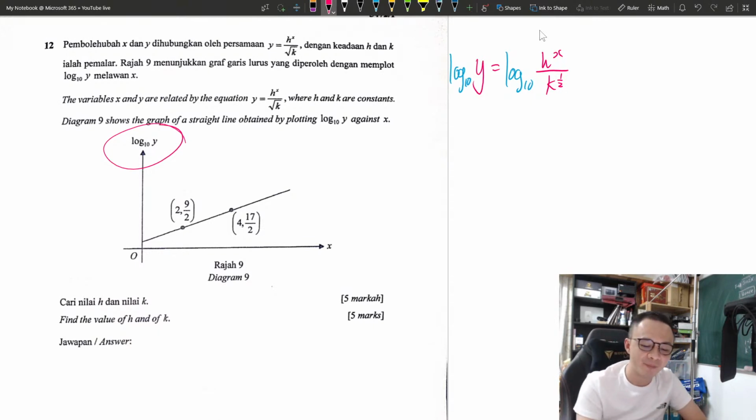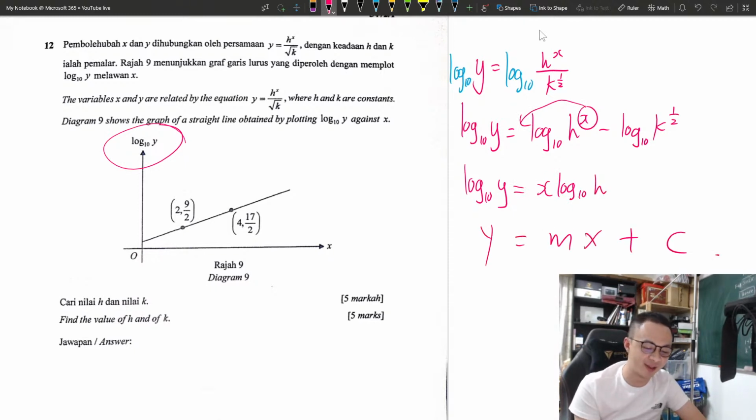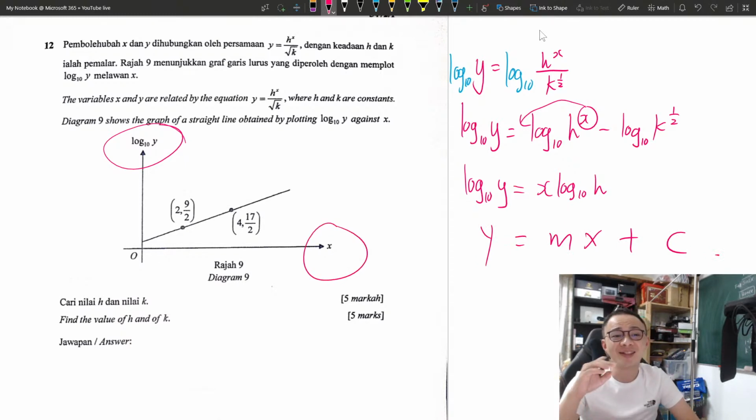Alright, then what does log tell us? The log actually tells us whenever you have a division like this, it is basically a minus, isn't it? So log 10 hx minus log 10 k to the power 1 over 2. Then another thing we will do is move the power to the front, to become x log 10 h. But remember, my objective is to get mx plus c. In this case, what is my x? My x here is actually the x.